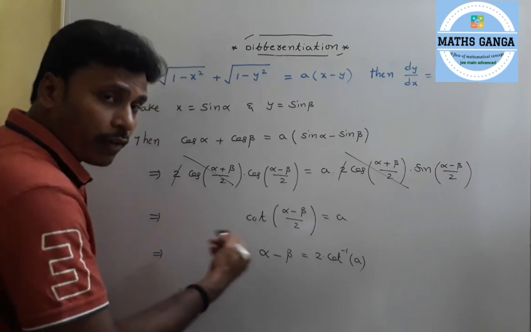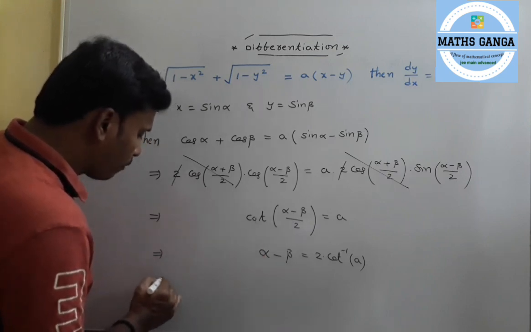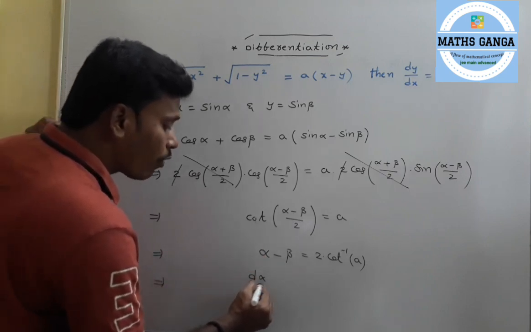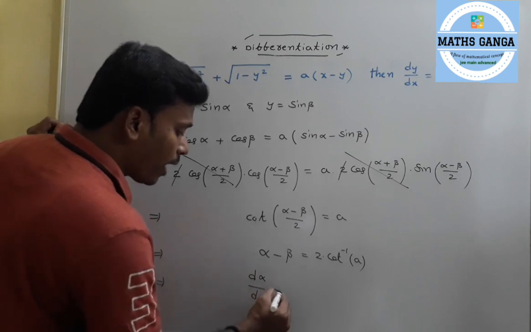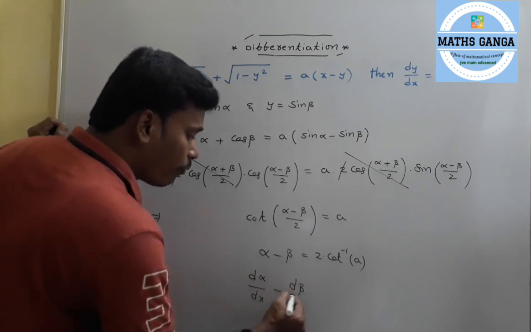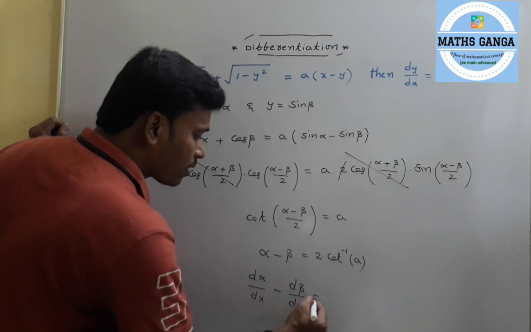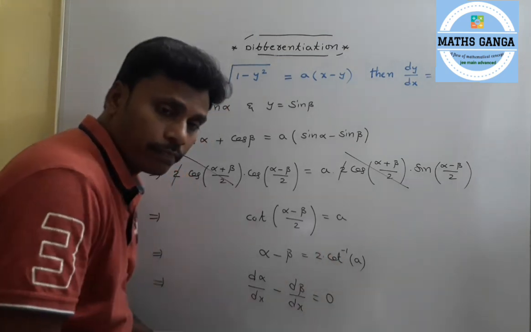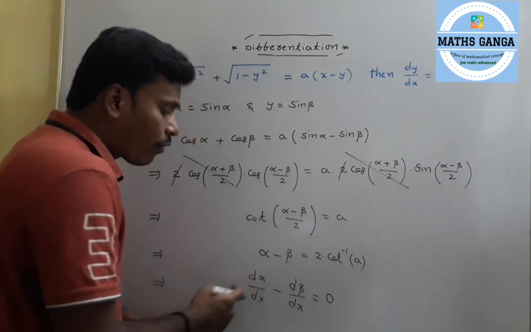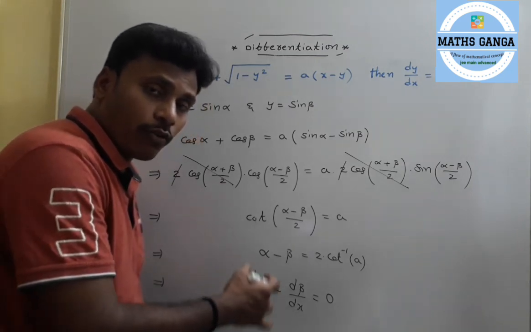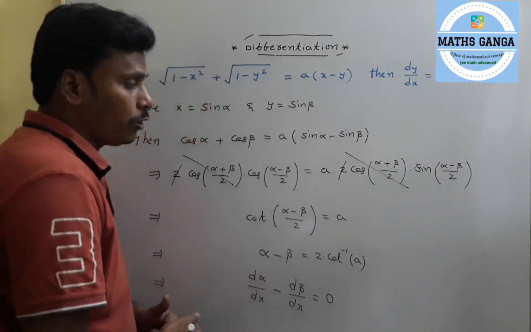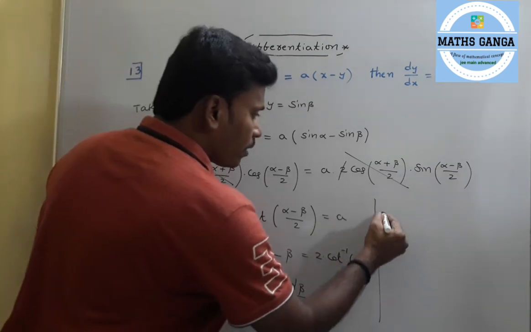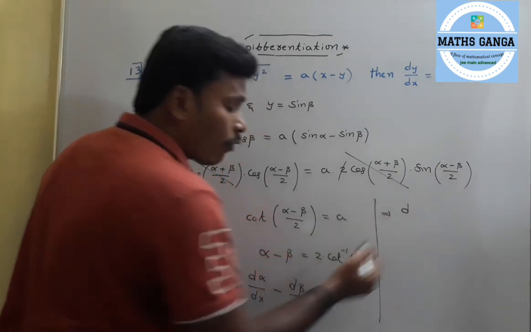Now if you differentiate it with respect to x, we will get derivative of alpha with respect to x minus derivative of beta with respect to x is equals to derivative of constant with respect to x, which is 0. So we have derivative of alpha with respect to x minus derivative of beta with respect to x equals 0.